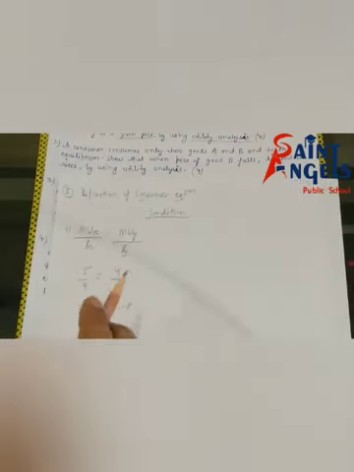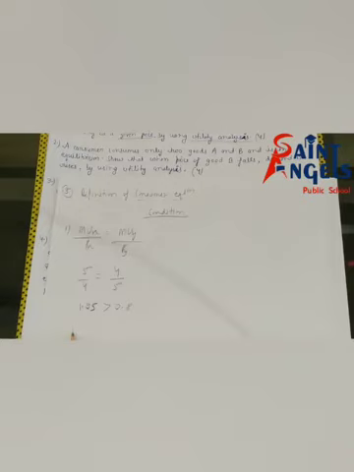Now the condition will be MUX upon PX greater than MUY upon PY. You know that this is marginal utility in terms of money in case of good X. This is marginal utility in terms of money in case of good Y. I hope all of you have understood.